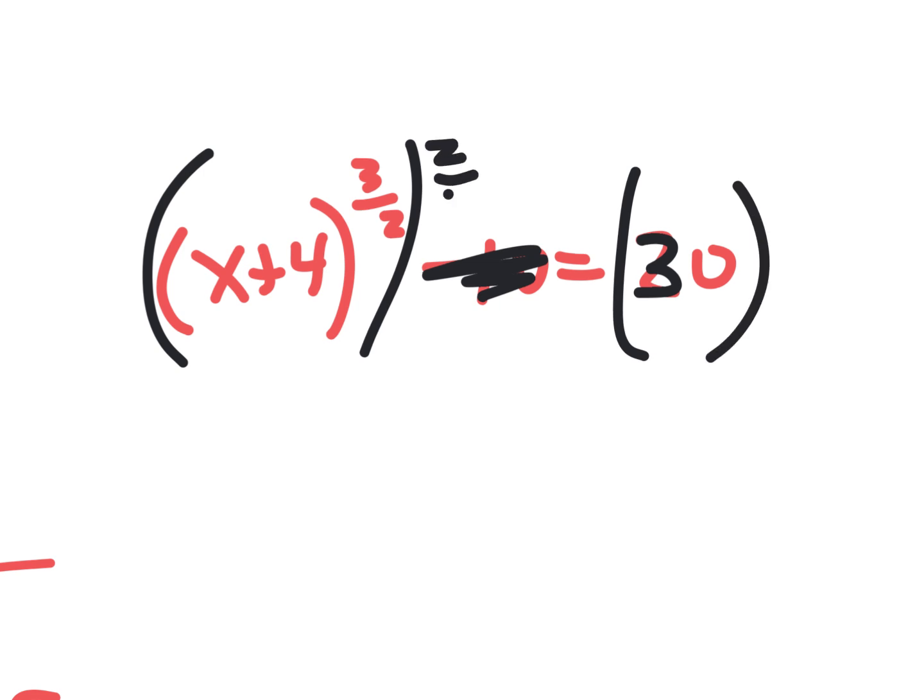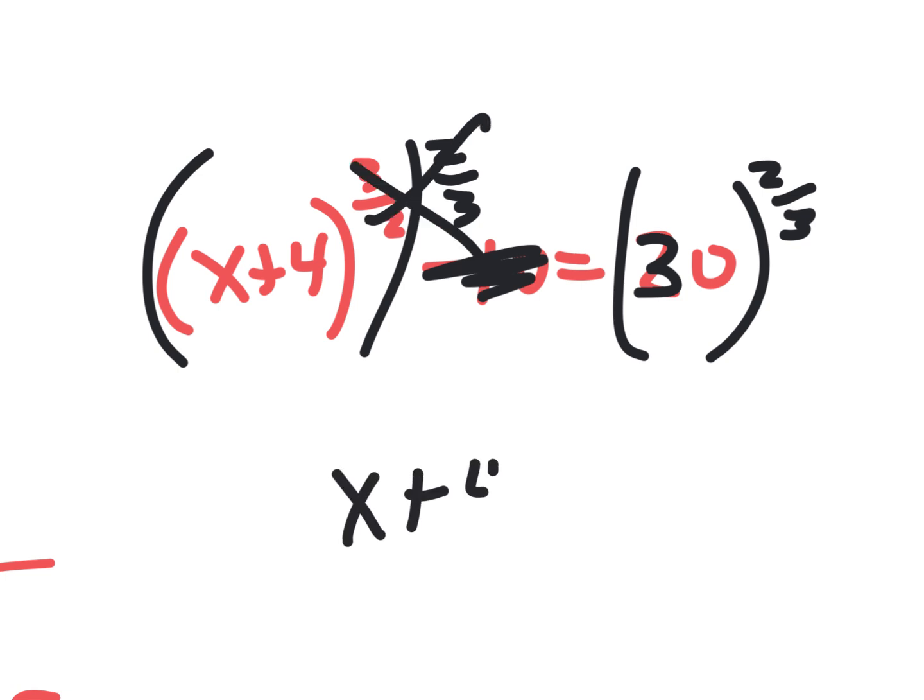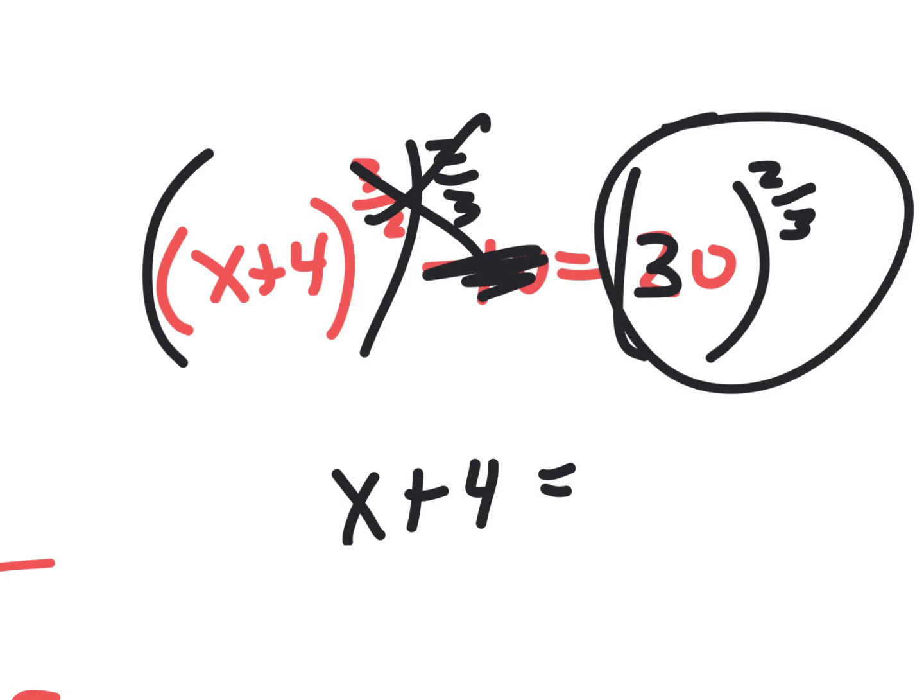Multiply by 2/3. Does that trigger that special thing? No, I didn't just take an even root. You can do cubic roots of negatives, so that is not a problem. X plus 4 equals, and then from here, you just have a decimal and you'd have to subtract 4, no big deal. All right, it was just, did you know how to start?